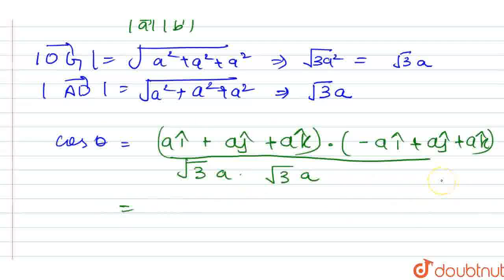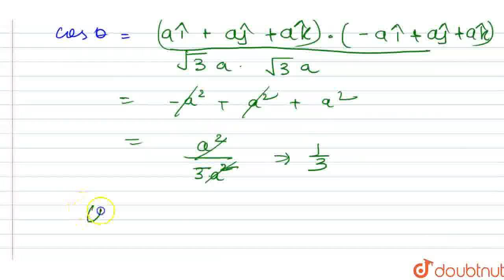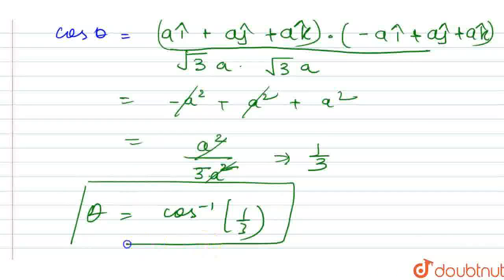Using the dot product formula, a into minus a will be minus a square, plus a into a will be a square, plus a into a will be a square. So one of them will cancel out and we will have only a square upon root 3 into root 3, which is 3 a square. So a square and a square cancel out and we are left with 1 by 3 only. So our theta is cos inverse of 1 by 3. The angle between any two diagonals of the cube is cos inverse of 1 by 3.